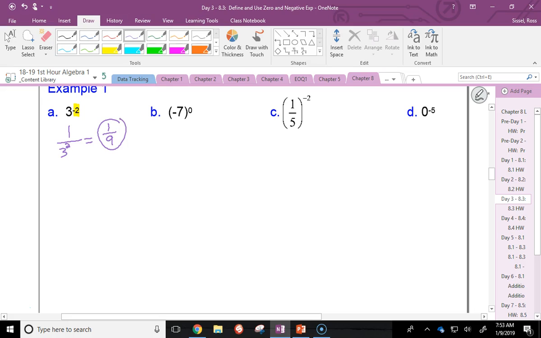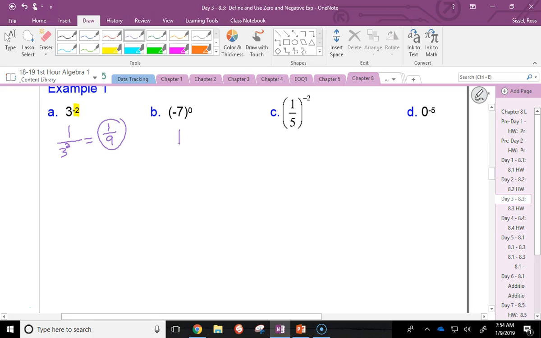On B, we'd get 1. Now, not to totally confuse this, but I want to make sure I have this one correct, so I did some extra research to make sure when there's a negative.